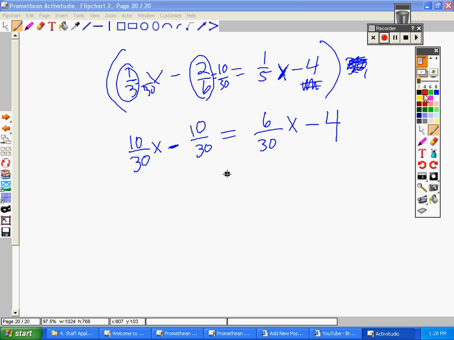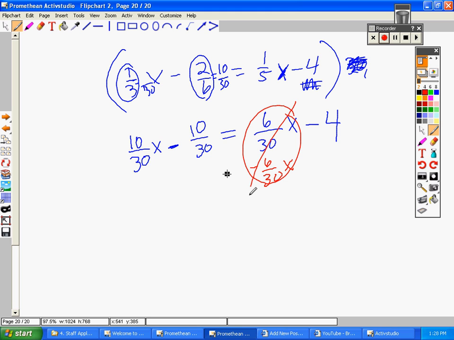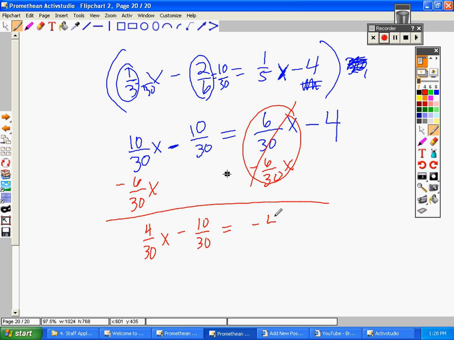All right, so now let's put the variables on the same side. I'm going to subtract 6/30 x because that is a positive 6/30 x. And 10/30 minus 6/30 is 4/30 x minus 10/30, which equals -4. Now, I'm going to have to bring this 10/30 over to the other side.